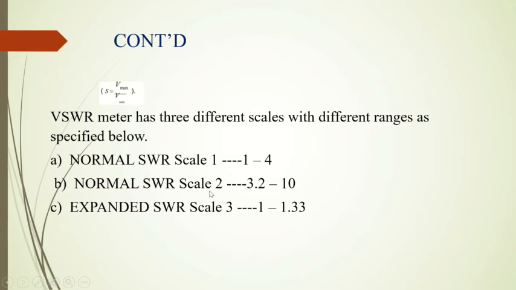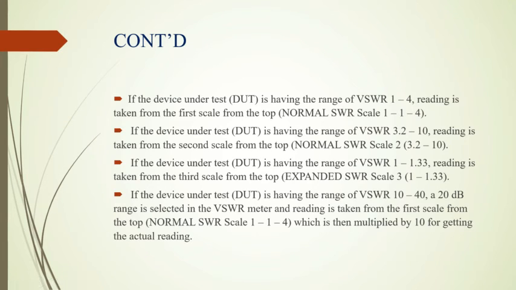The second one is from 3.2 to 10, and the third scale is from 1 to 1.33. So you use these scales accordingly in reference with your device under test.